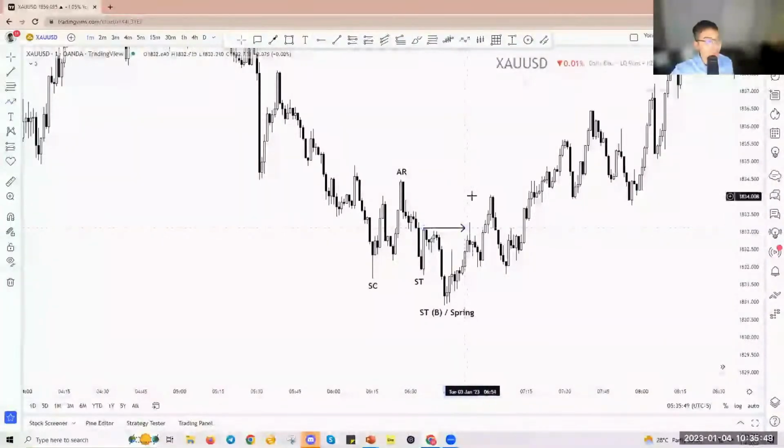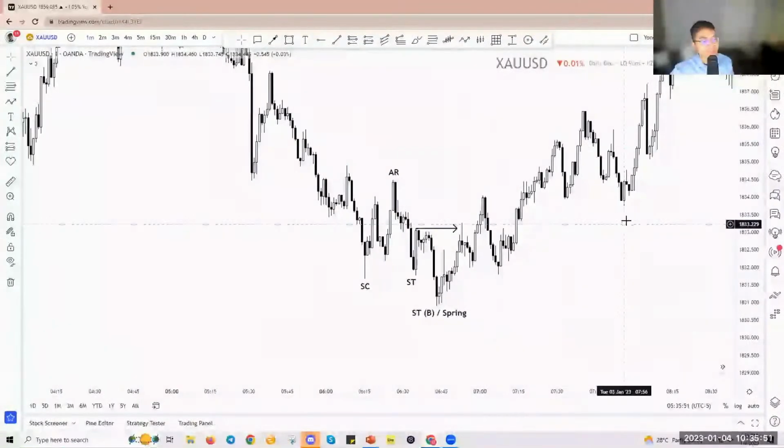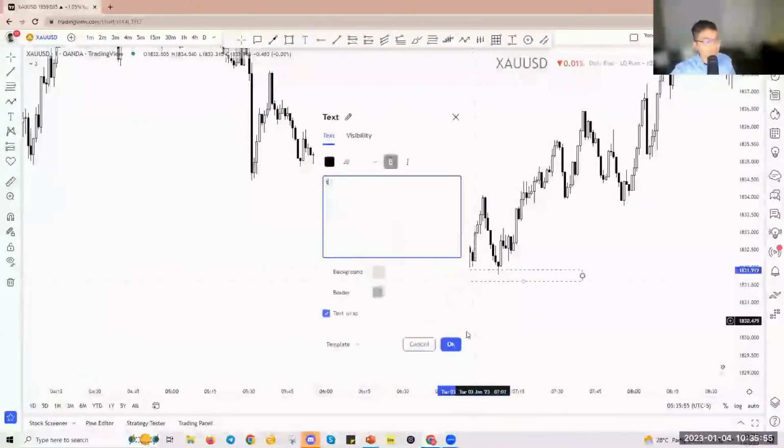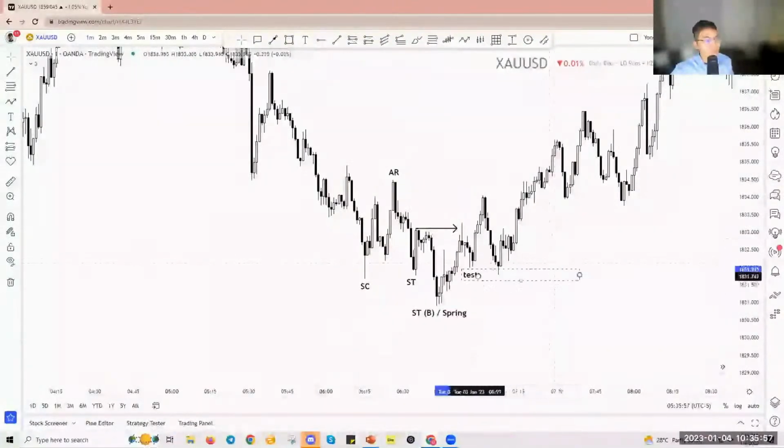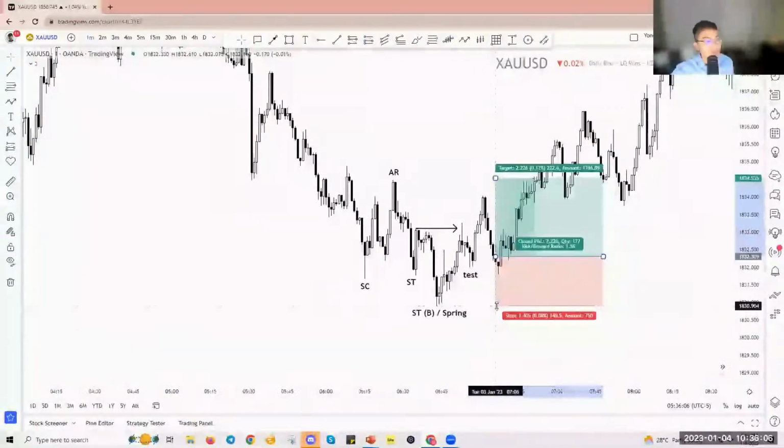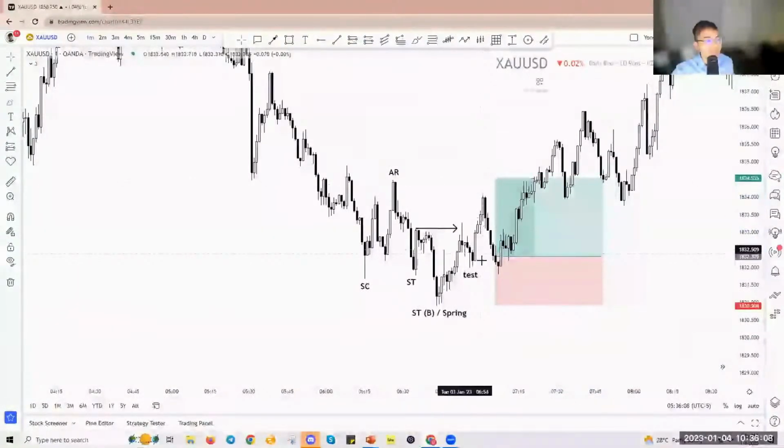We get a line out, forming a test area. This area is the test before price continues moving up. In this specific scenario, it looks very different on gold. That's the reason why I say if you take a long, your stop loss should be below the spring, just to be safe, just in case price clears out the test area.